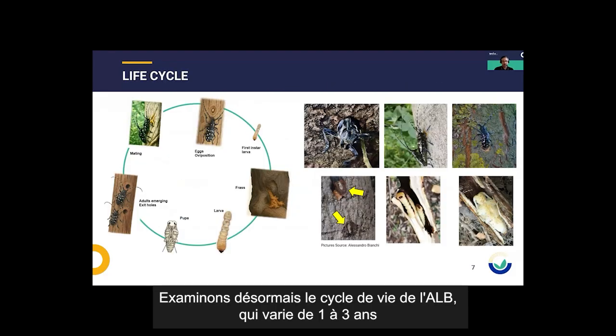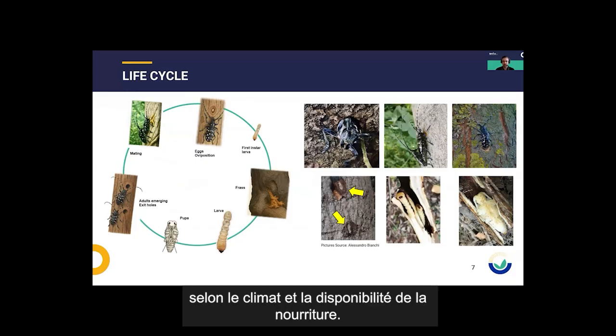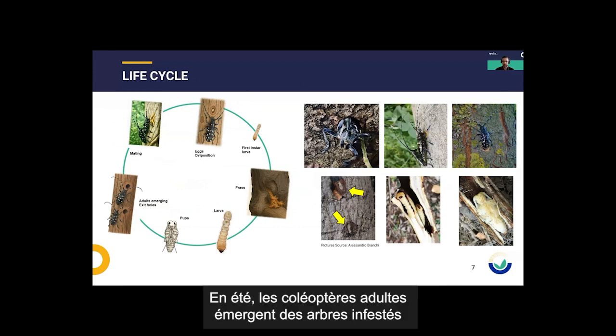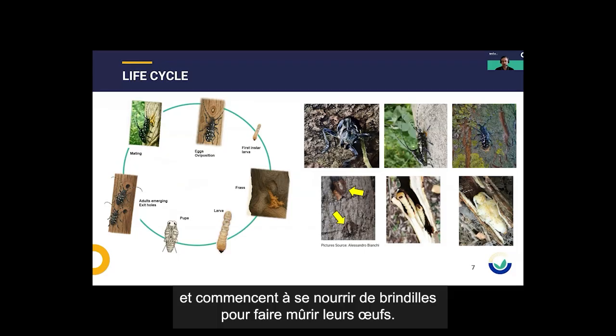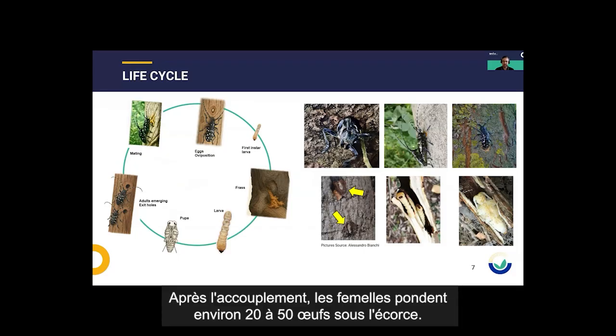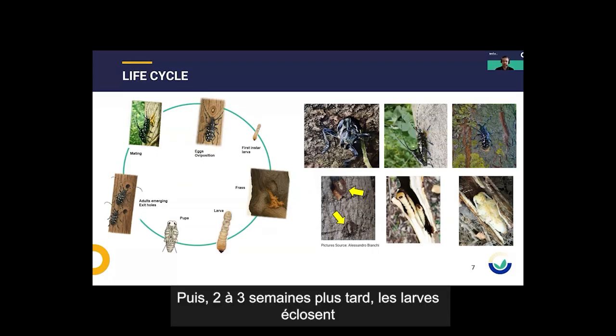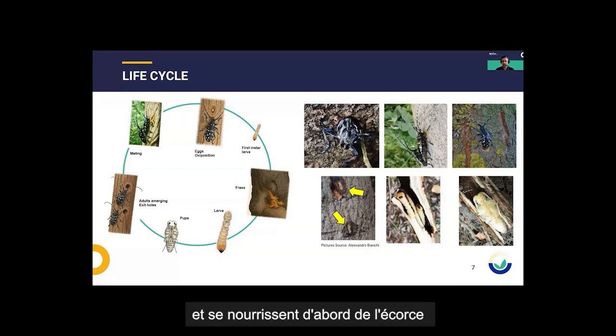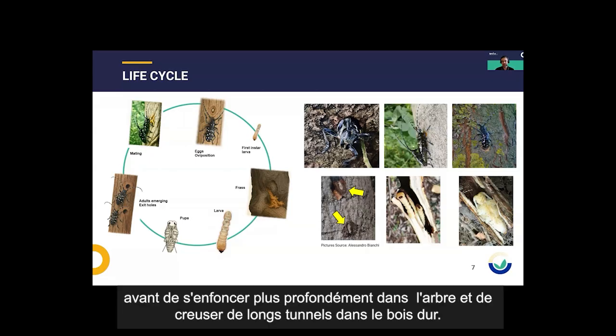Here now we can see the life cycle of ALB, which ranges from 1 to 3 years, depending on climate and food availability. In summer, adult beetles emerge from infested trees and start feeding on twigs to mature their eggs. After mating, females lay about 20 to 50 eggs under the bark. 2 to 3 weeks later, the larvae hatch and they first feed on the bark and then burrow deeper into the tree and create long tunnels in the hardwood.